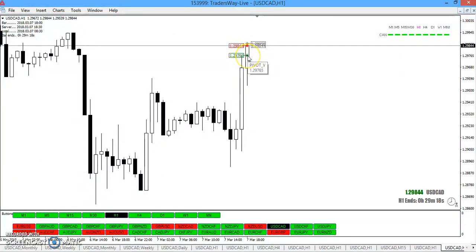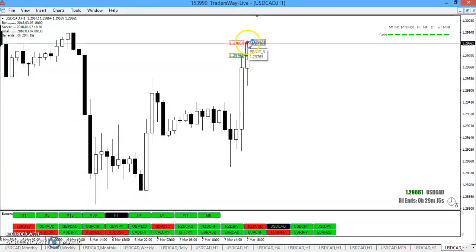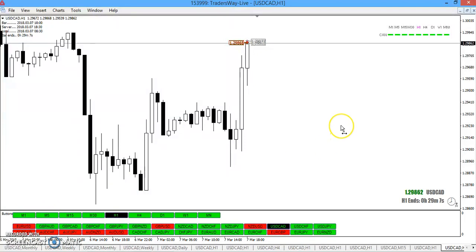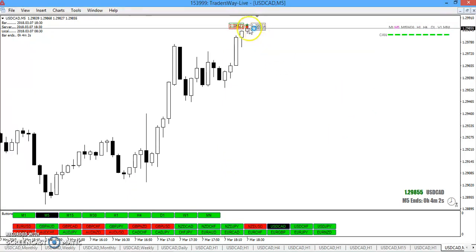So this is the valley, this is the peak. You see as price goes up, it's peaking. Now, if you want to, we can go down to the M5 and you can see it there.